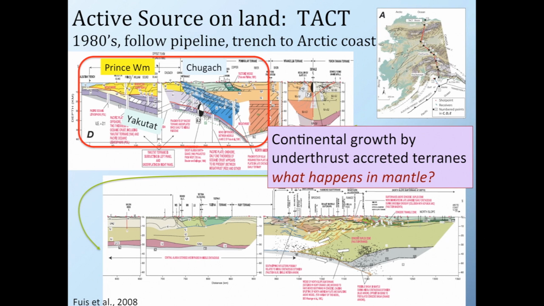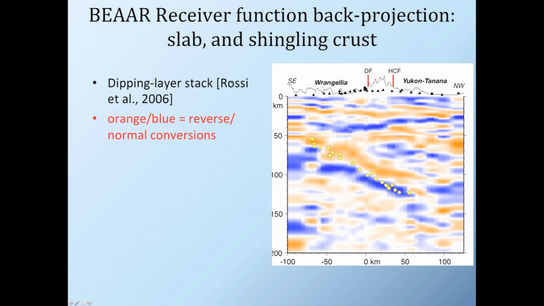We have a little bit of a hint from the broadband arrays that we have, looking at receiver functions, and I'll get back to this in some more detail a little bit later, but this is showing this BEAAR project going from, well, you can sort of see from places where these yellow dots are earthquakes, the slab seismicity is 50 kilometers to about 130 kilometers depth, near under the Alaska Range, near Mount McKinley, a little bit along strike.